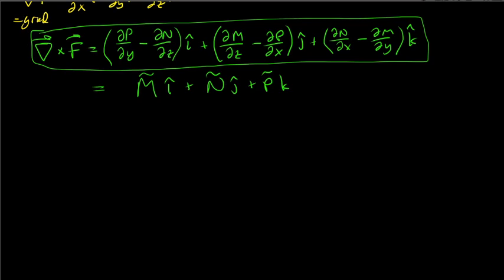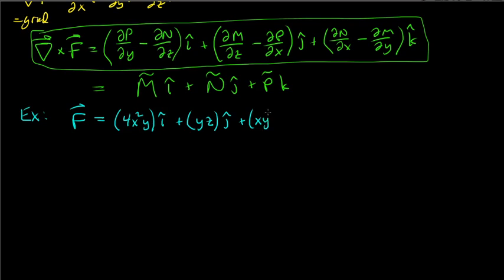Let's actually calculate the curl of a particular vector field. Let's suppose our vector field F, we'll dispense with the x, y, and z since we know they're functions of x, y, and z, is just a vector field with components 4x squared y times i plus yz times j plus xy squared z times k.